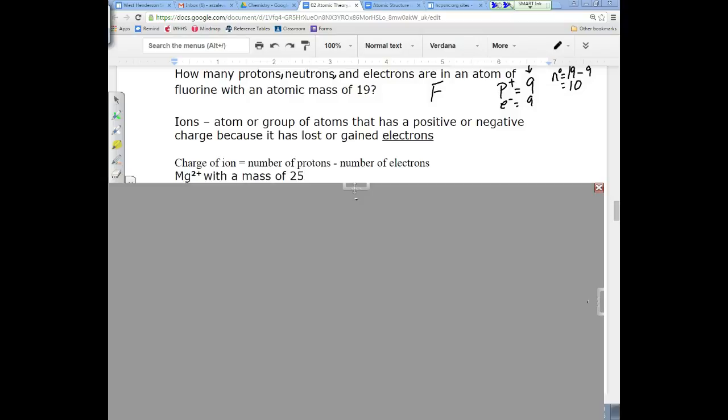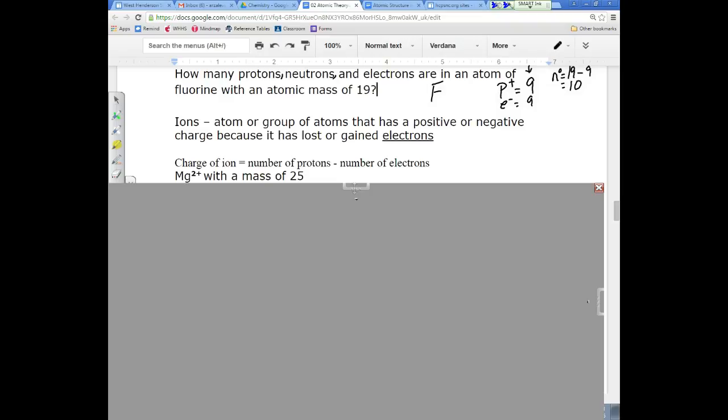So here is magnesium 2+. You're going to see the charge located in the upper right-hand corner next to an atom. So magnesium with a 2+ charge, and it has a mass of 25. To find the number of protons, neutrons, and electrons: magnesium on the periodic table is number 12, and so it has 12 protons.